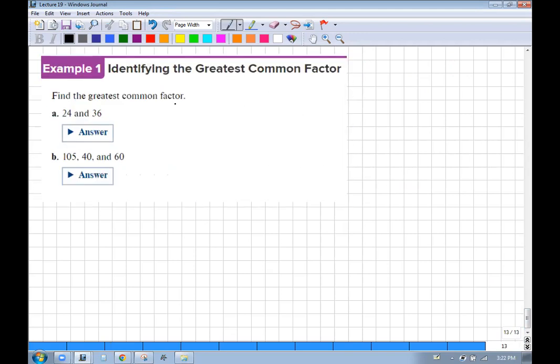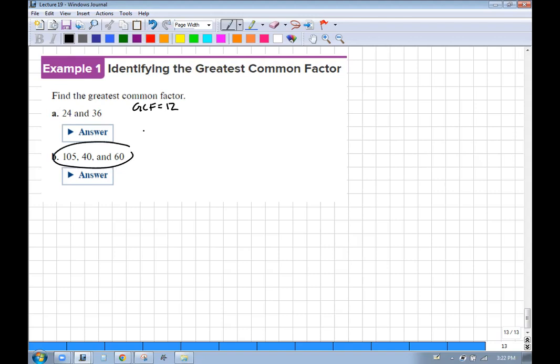It's asking what is the biggest number that divides into both these numbers, right? If you think about it, you might say, oh, the GCF is obviously 12, because 12 divides into 24, 12 divides into 36, and there's not a bigger number that's going to divide into both of them, because 12 is already half of 24. All right.